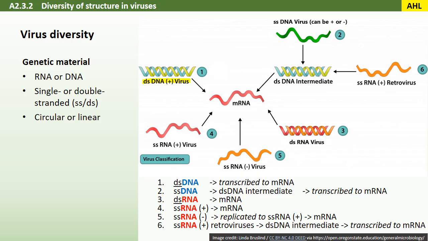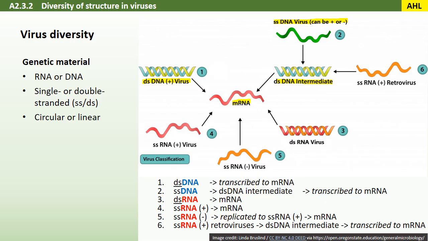Some viruses have double-stranded DNA. It can simply be transcribed into mRNA, and the mRNA is then used for translation. Number 2. Some viruses have single-stranded DNA, which first needs to be replicated to produce double-stranded DNA, which is then used for transcription into mRNA.